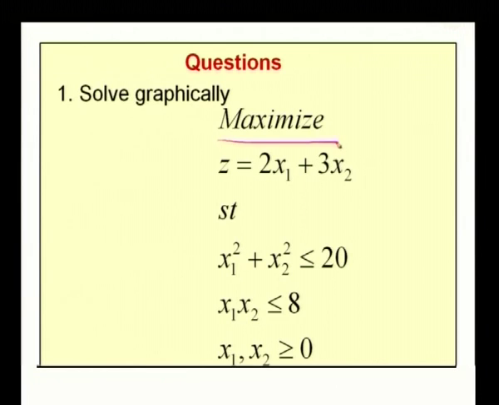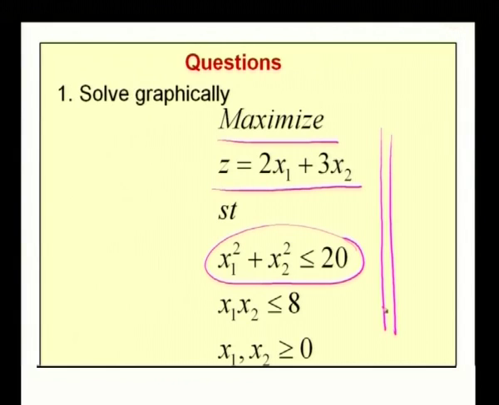maximize z equal to 2x1 plus 3x2 subject to the constraints x1 squared plus x2 squared less than or equal to 20, x1 into x2 less than or equal to 8, x1, x2 greater than or equal to 0. Here in this nonlinear programming problem, the objective function is linear, whereas the constraint set is nonlinear.